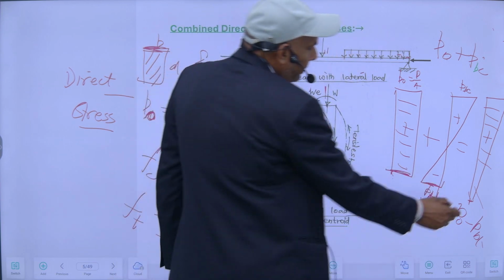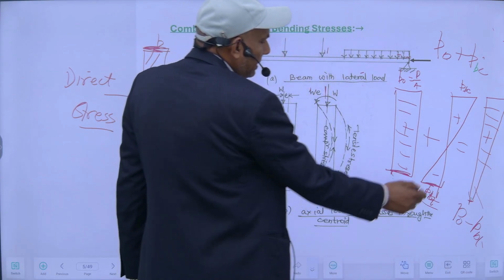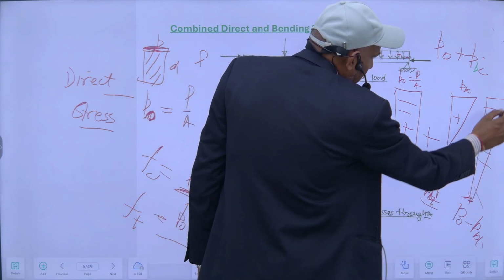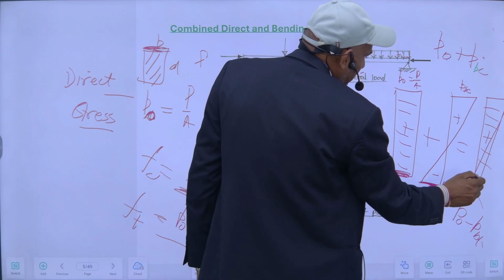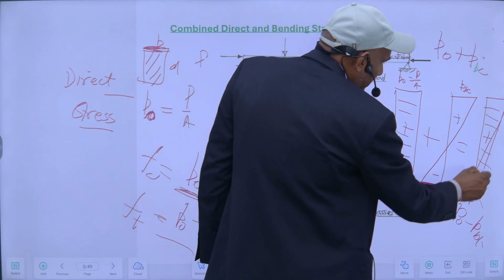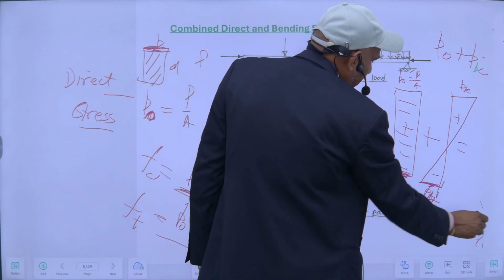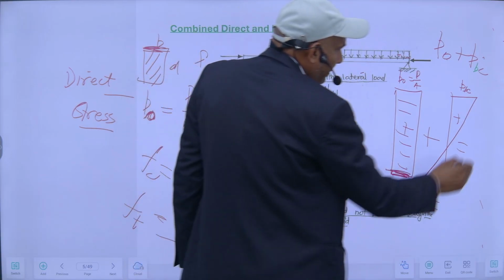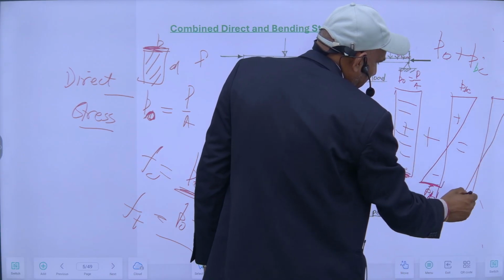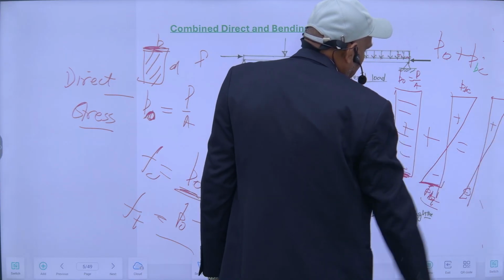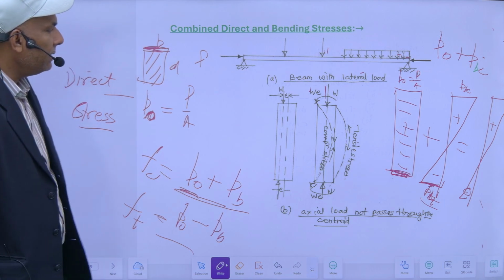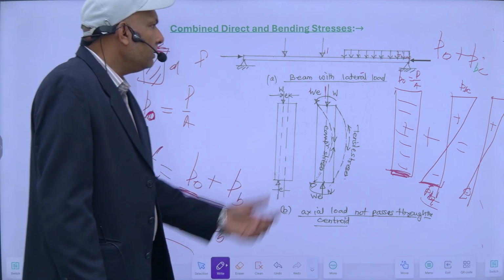Suppose my tensile stress is more than this, then it may be negative here also. In this case, when my bending stress is more than the compressive, it will be like this. So the algebraic sum of the direct and bending stresses will be my total stresses.